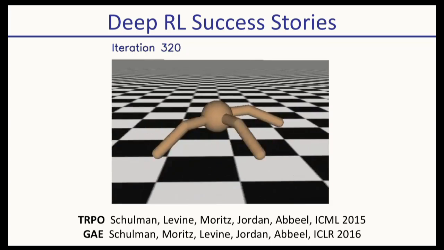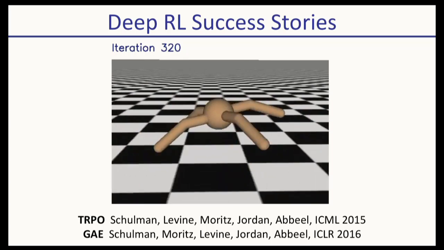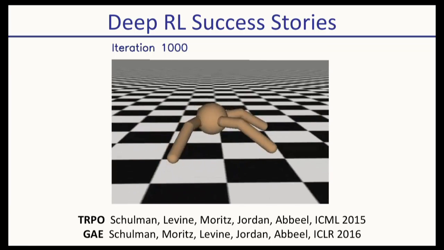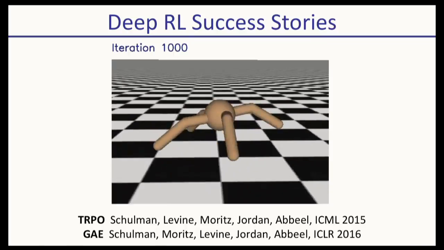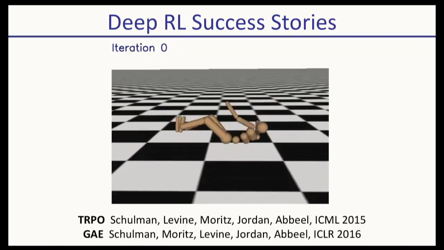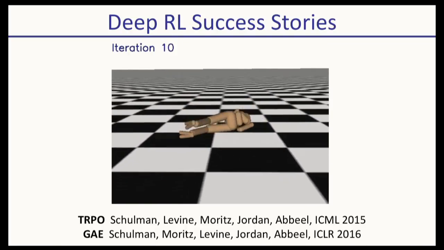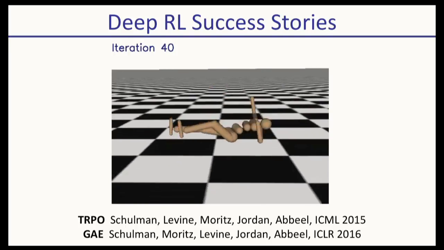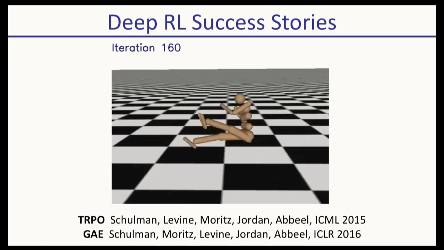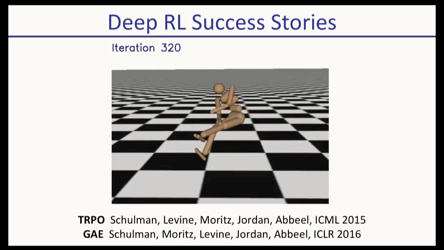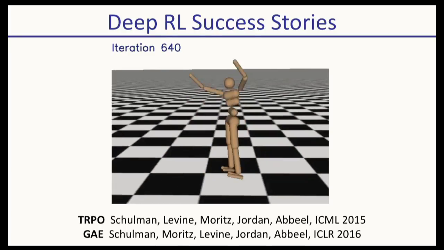The reward here is very simple. The further this way, the better. And the less impact with the ground, the better, and the lower the torques applied, the better. So it's just 3 components, nothing in there about what walking looks like, yet it can invent walking. In this case, the reward is how close the head is to standing head height. The closer, the better, and it can invent this on its own.